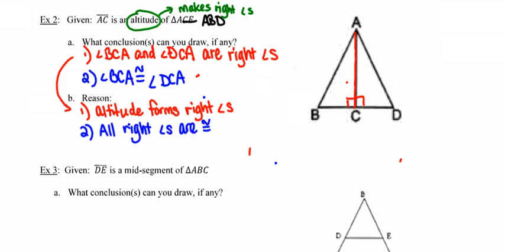A third fact that we know, because those angles at point C are right angles, is that segment AC, the altitude, and segment BD, the third side of the triangle, have to be perpendicular to each other. And that's because anytime you have right angles, they're formed by perpendicular lines.